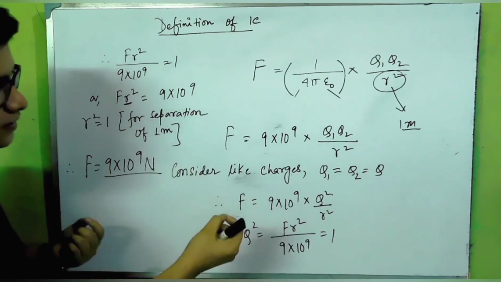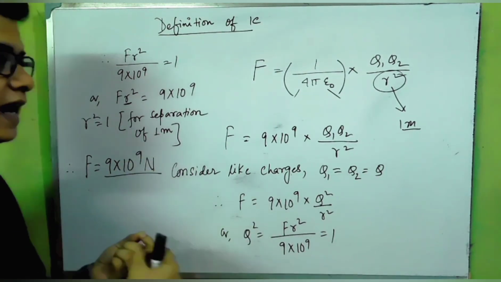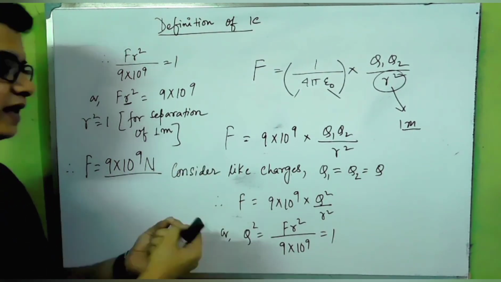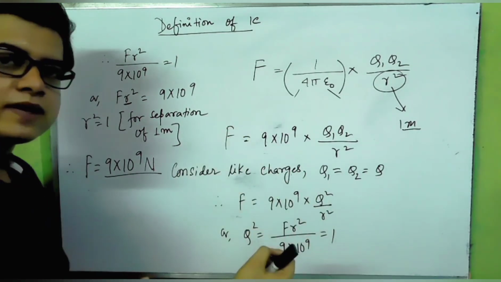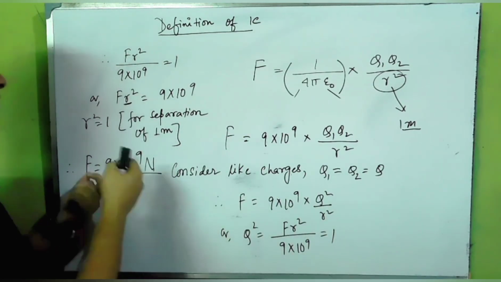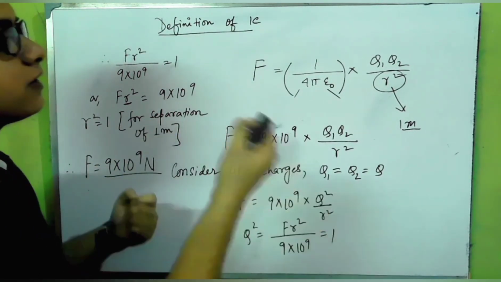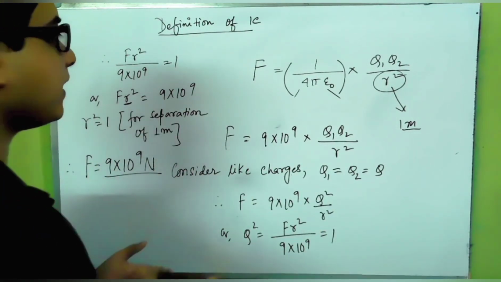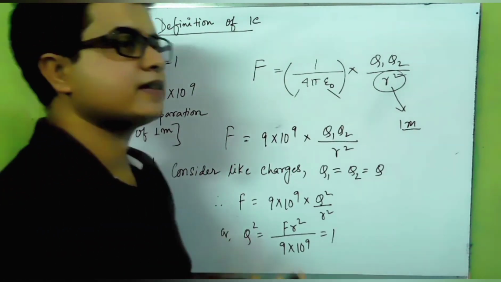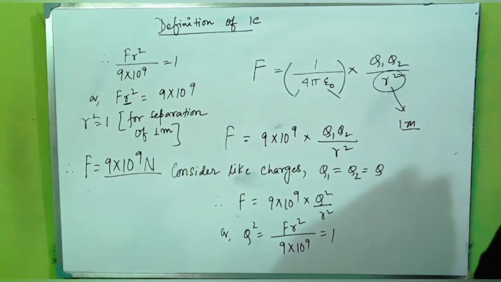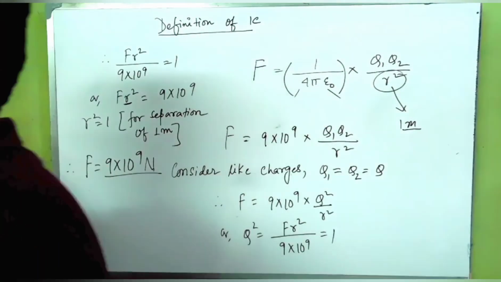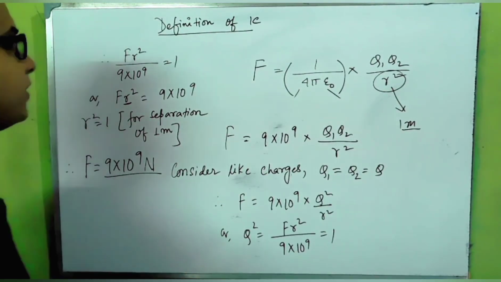So if two similar charges are placed in vacuum, the distance between them is 1 meter, and they are experiencing a force of 9 times 10 to the power 9, then of course the value of those charges is going to be 1 Coulomb. So this is actually the inference method which we have used here to deduce the definition of 1 Coulomb.